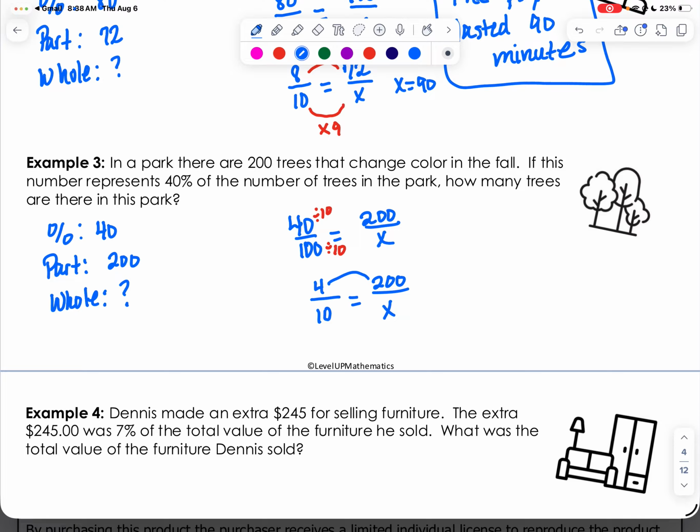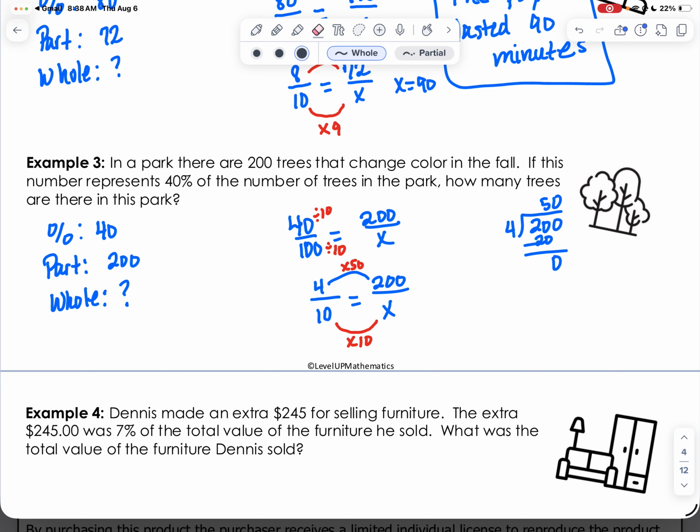What are we multiplying 4 by to get 200? So let's just see how many times 4 goes into 200. 4 goes into 20 5 times. 5 times 4 is 20. Subtract and bring down. 4 goes into 0, 0 times. So my scale factor here is 50. So 4 times 50 is 200. So all I have to do is multiply the 10.